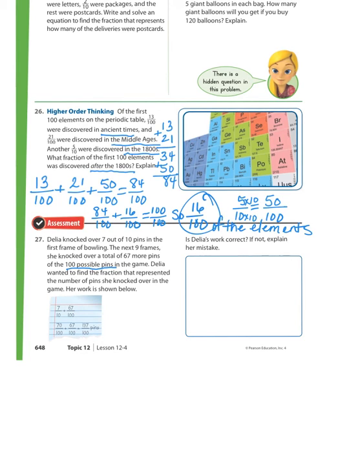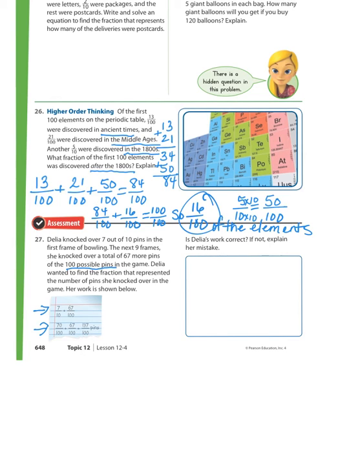So in her work, you can see that she wrote first here 7 out of 10 pins for the first frame plus 67 out of 100 possible pins in the game. Then you see that she changed 7/10 to 70/100ths because she wanted to find an equivalent fraction with the same denominator, added them together, and got 137/100ths pins.